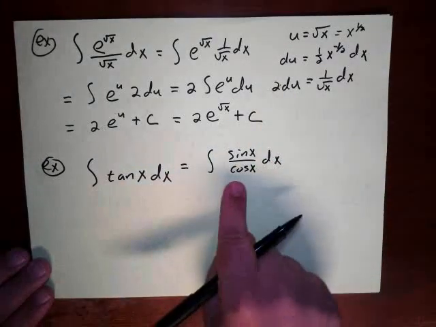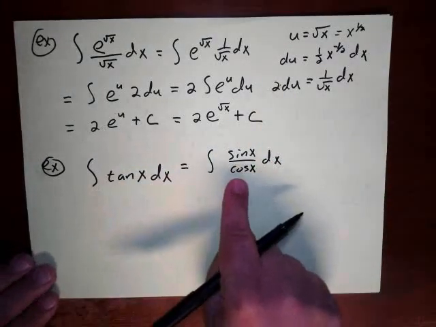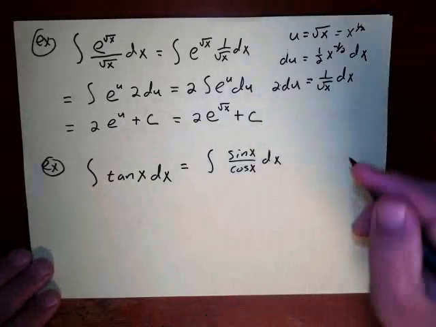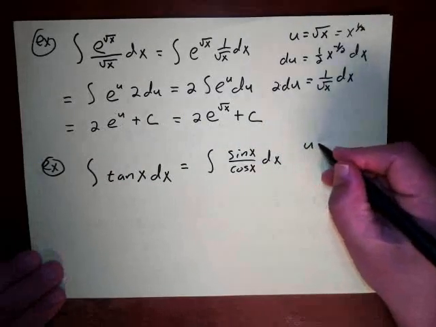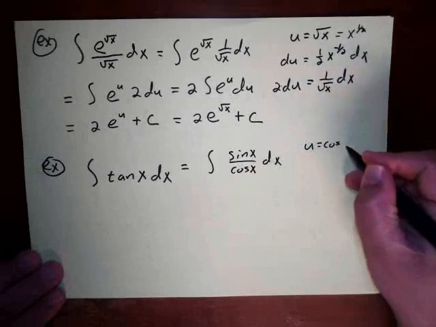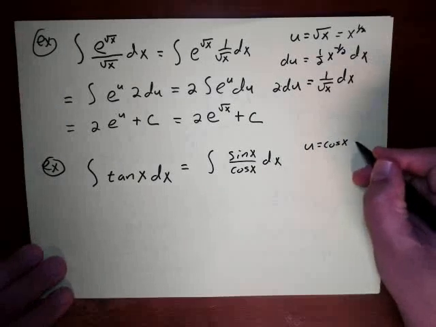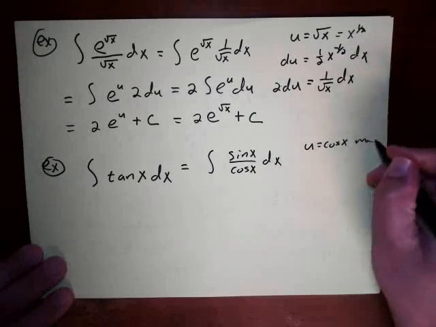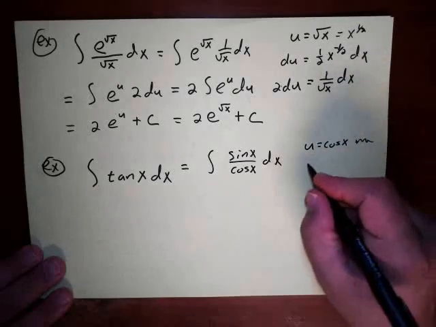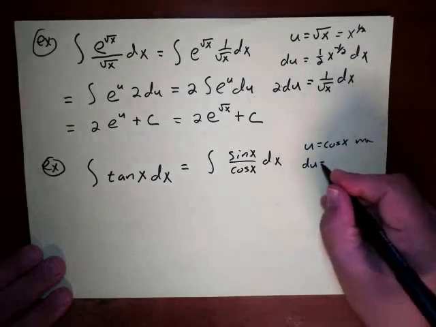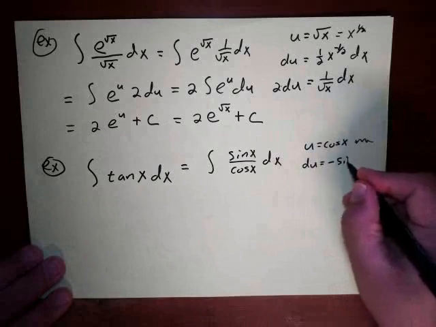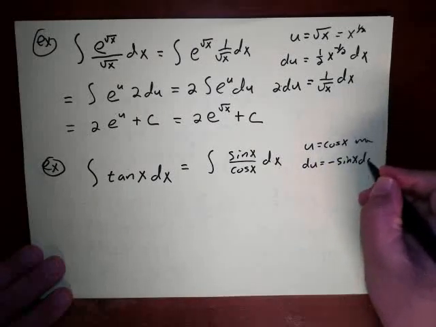Okay, so I'm just going to write it like this, and then the derivative of cosine. So if I let u equal the cosine of x, then du is going to be opposite sine x dx.